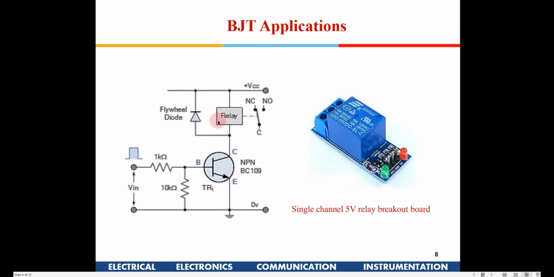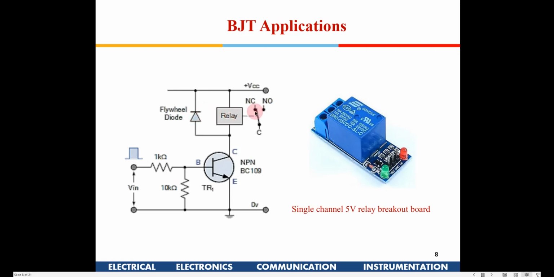Because the relay has got an inductor and it tries to retain the current. So the moment you switch it off, the path will be broken, but there has to be some method for the charges available in the inductor to get discharged. So there could be sparks flying. I explained this in detail in the class on inductor, right? So this is known as the flywheel diode, which you connect here.